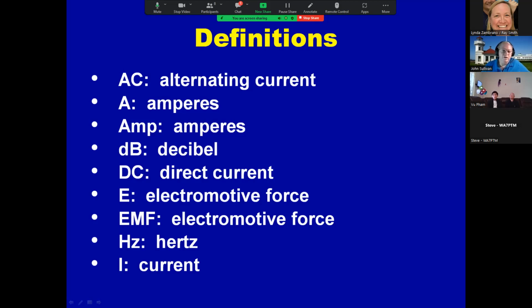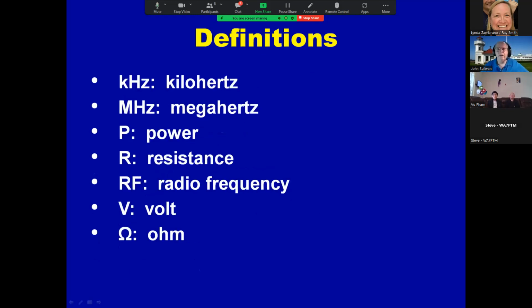Capital H, little z, hertz for frequency measurement. I for current. Then we have kilohertz and megahertz. So we already had hertz, so 1,000 hertz or kilohertz is kHz, and 1,000,000 hertz or megahertz is MHz. Notice that the K is a lowercase k and the M is a capital M in these abbreviations. So there is a difference between them.